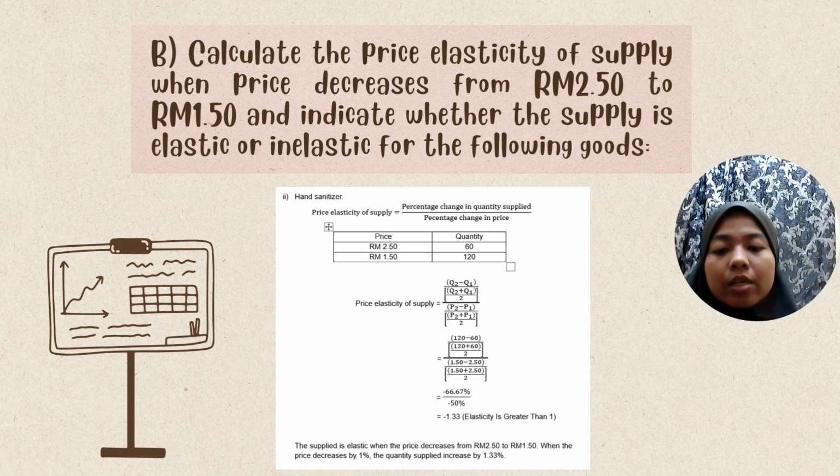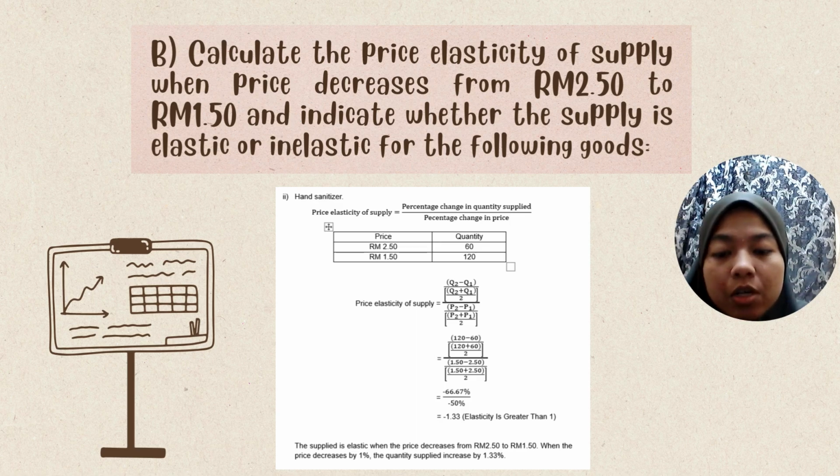In the question, it says the price decreased from 2 ringgit 50 cent to 1 ringgit 50 cent. So P1 is 2 ringgit 50 cent and P2 is 1 ringgit 50 cent, and Q1 is 60 and Q2 is 120.